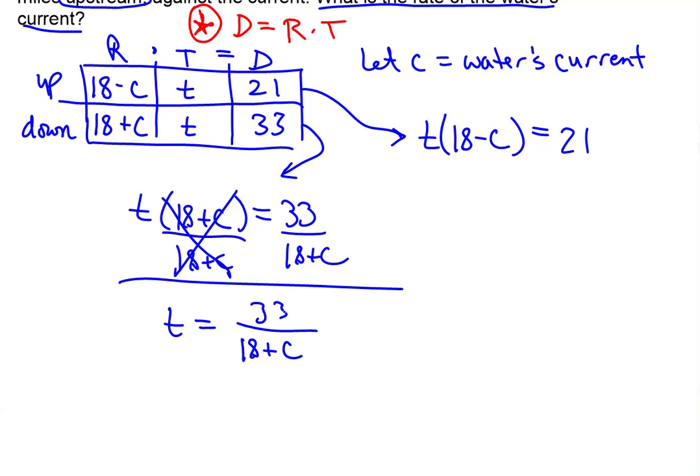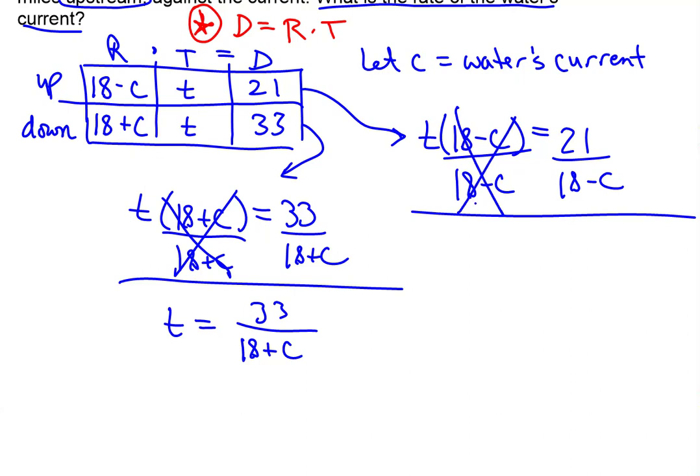And the reason we were motivated to do that is because that was just a one-step job. Now look at the other equation and notice that we could do the same thing. If I divide by 18 minus c on both sides of that equation, then the 18 minus c's on the left side will cancel, leaving us with just a t, and then that's equal to 21 over 18 minus c.